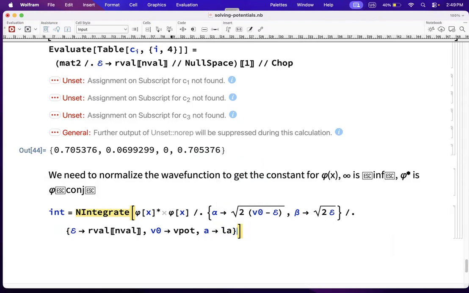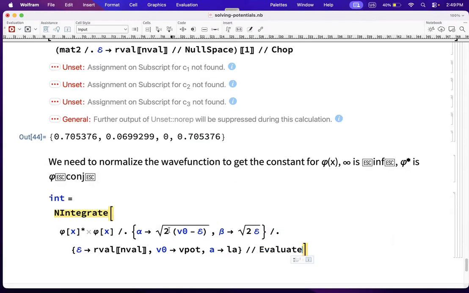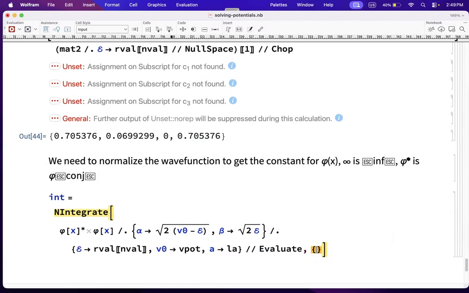After this, you do evaluate, comma, and the integral goes from x equals minus infinity to infinity.